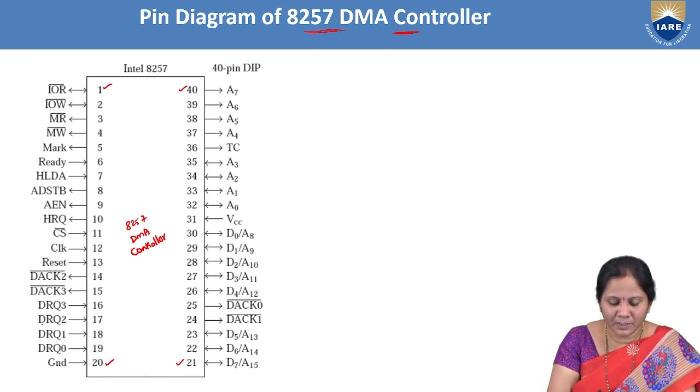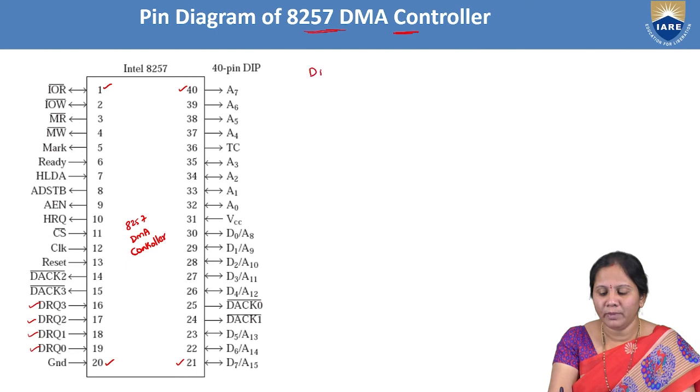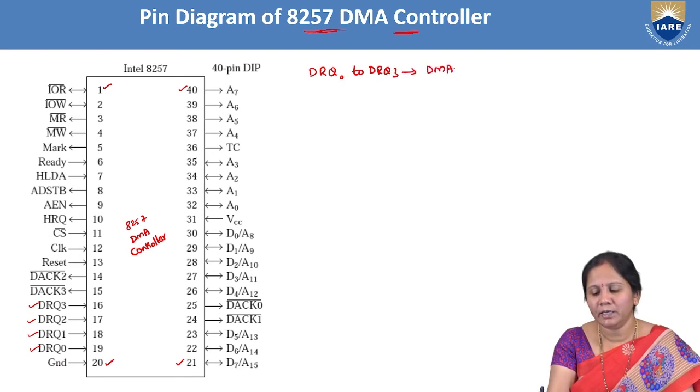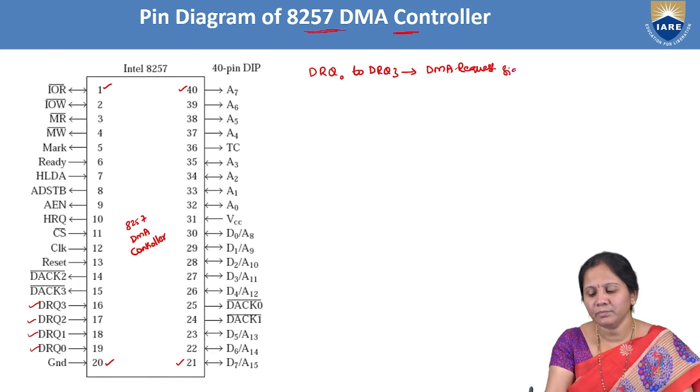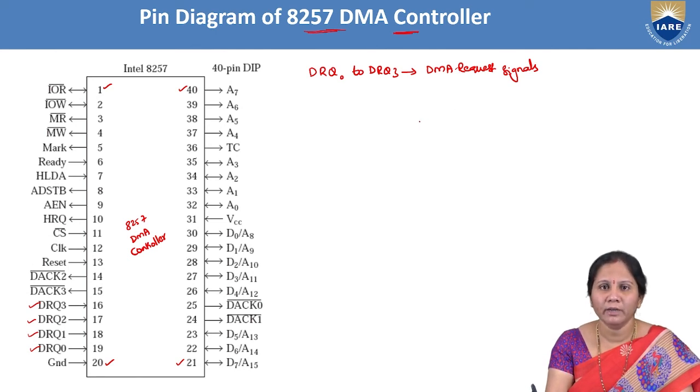Here if we observe DRQ0, DRQ1, DRQ2 and DRQ3, from DRQ0 to DRQ3, these represent DMA request signals. Since there are 4 channels, 4 DMA request signals are there.